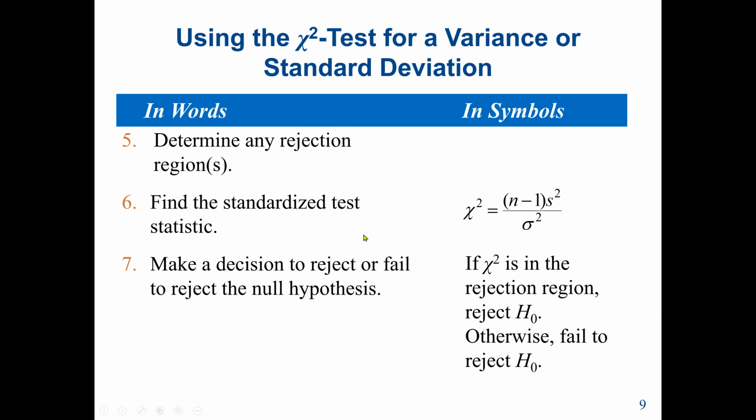We find the standardized test statistic, n minus 1 times the sample variance divided by the population variance.